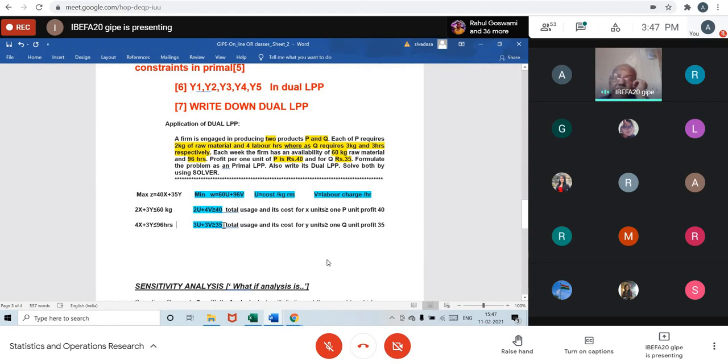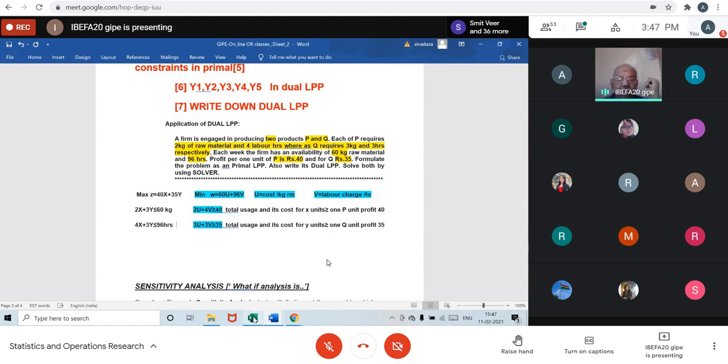This is the dual LPP. Just opposite to the primal LPP, we are writing the dual. We are dealing with primal and dual. So this one example I will show you now, because there are only two variables.